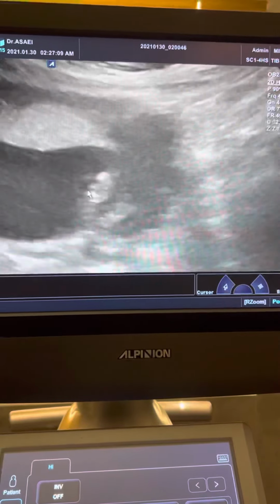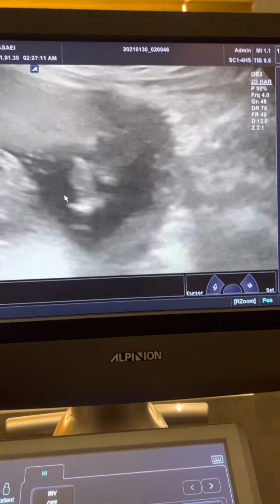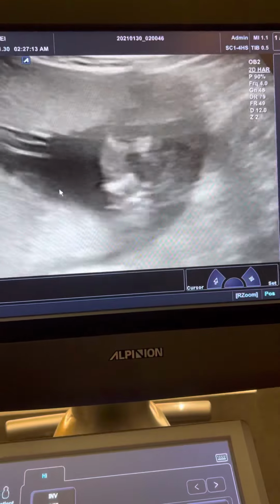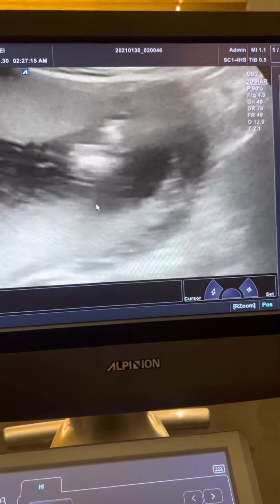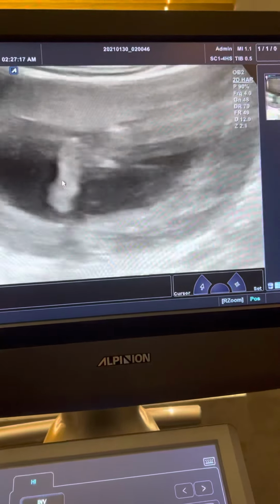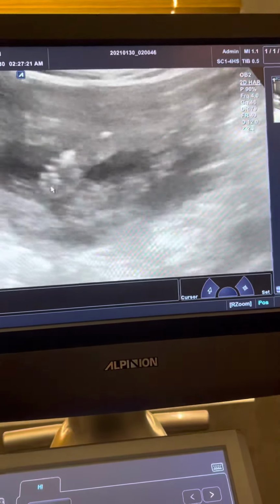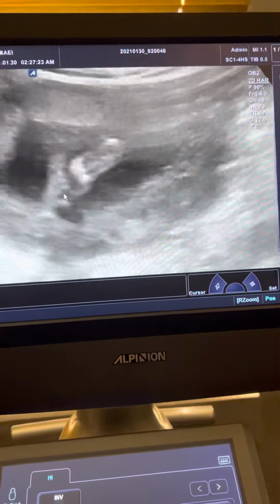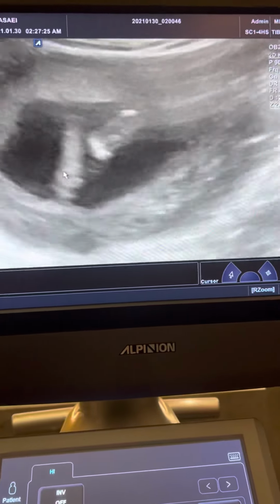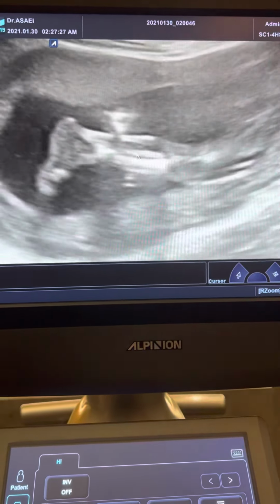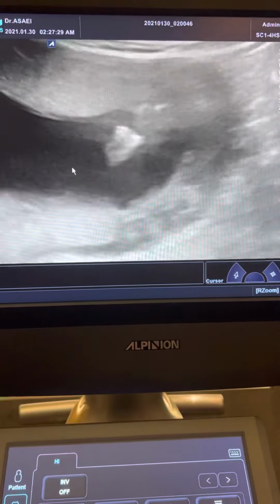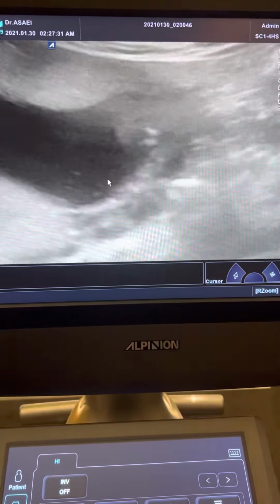The feet. Here 1 foot, here the other foot. You can count the fingers also, no clubbing. Here the axis is in normal range.